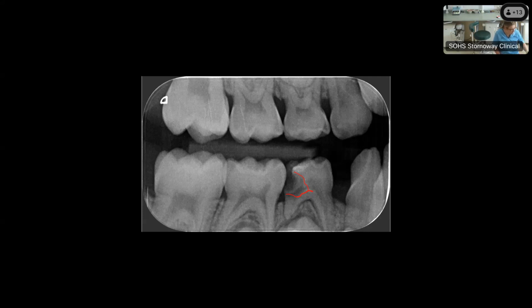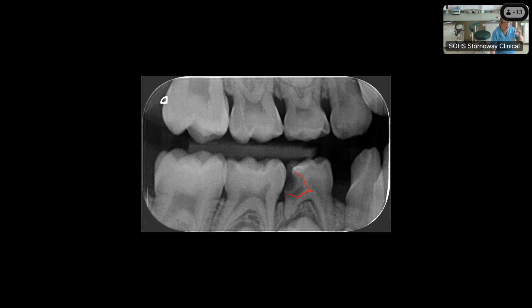Anything else that anyone wants to mention? Lindsay? Bone levels are normal. Yes, because this is obviously a young child.